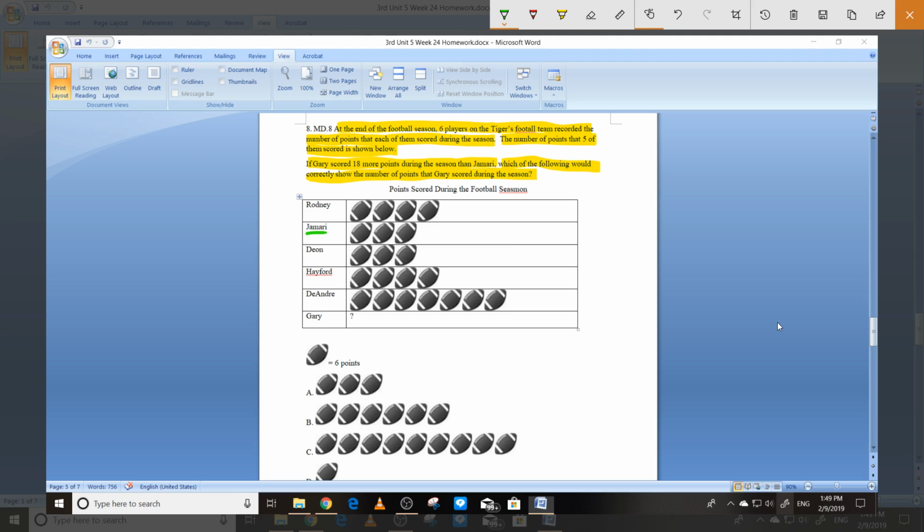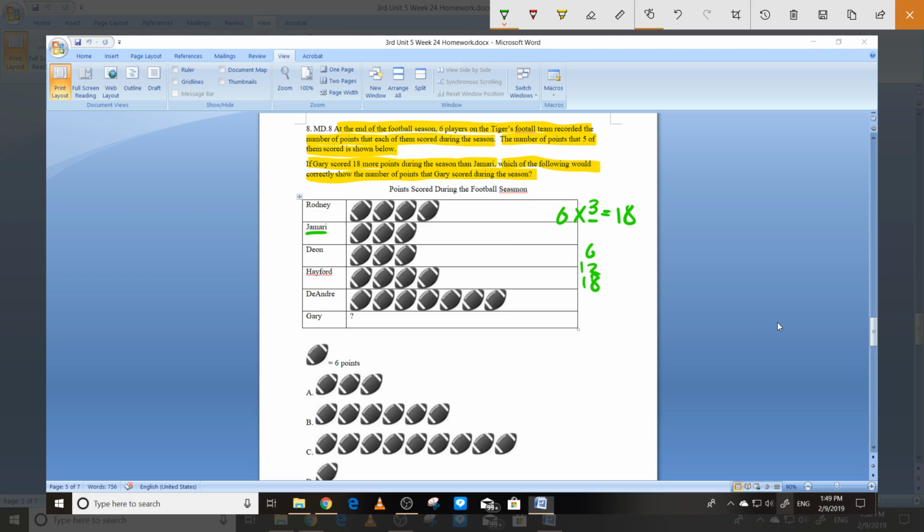So if Gary scored 18 more points, we have to figure out how many more footballs Gary's picture would have. So if each one is 6 points, 6 times what gave us 18? Just count by 6. 6, 12, 18. We counted 3 times, therefore the answer is 3. 6 times 3 gives you 18.